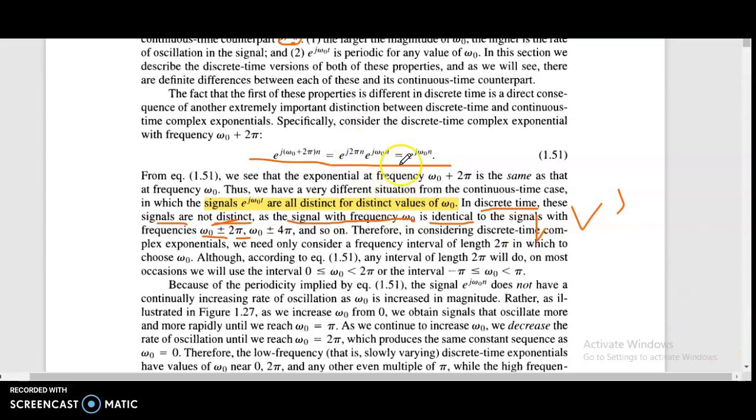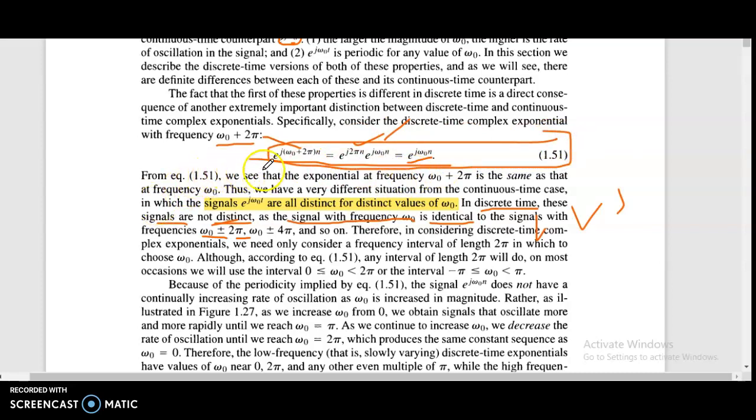Specifically, consider the discrete-time complex exponential with the frequency omega naught plus 2 pi. e power j of (omega naught plus 2 pi) n equals e power j 2 pi n times e power j omega naught n equals e power j omega naught n. This is equation 1.51.